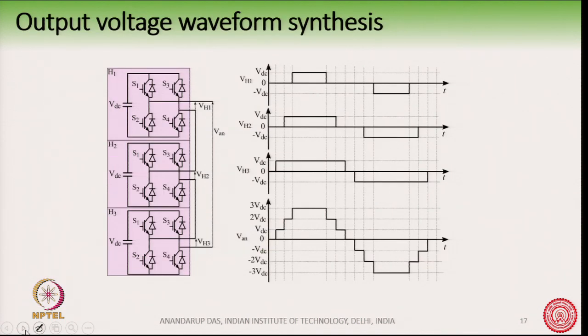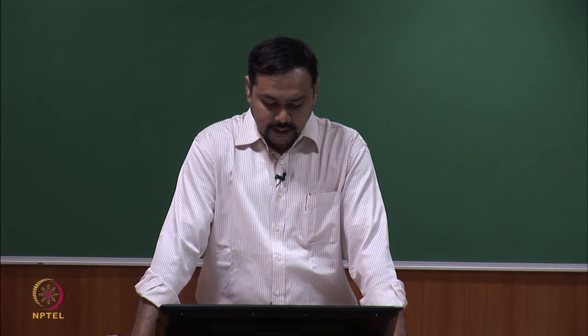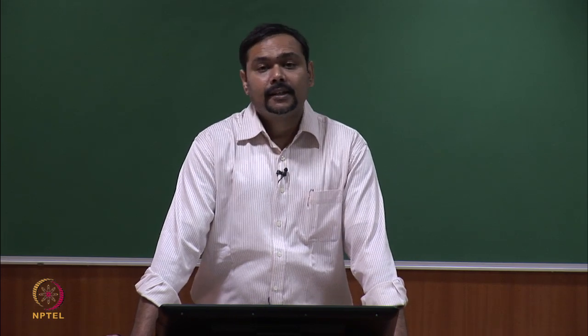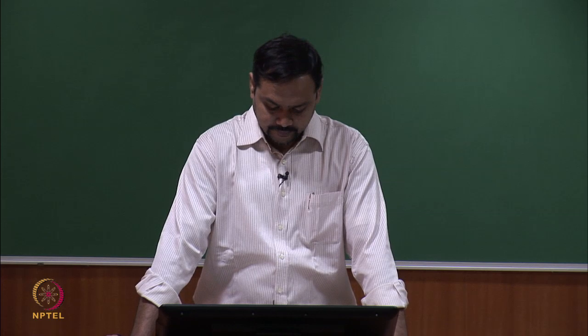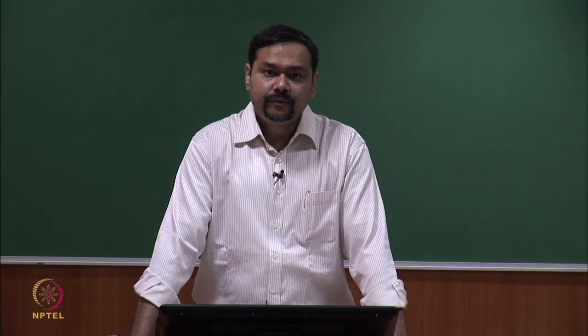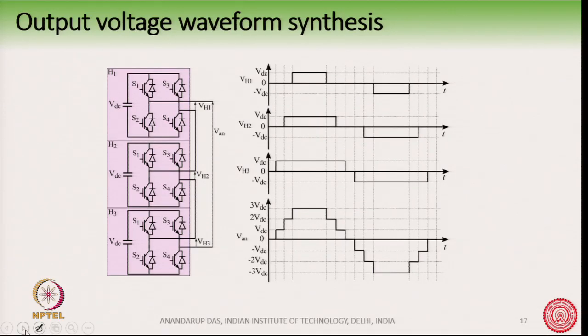Now, we have understood that it is possible to cascade the output voltages of this H-bridge. So, how do we get a higher voltage waveform? This higher voltage waveform is shown in this 3 cell CHB version. In this case you can see that VAN is nothing but VH1 plus VH2 plus VH3, the sum of these 3.